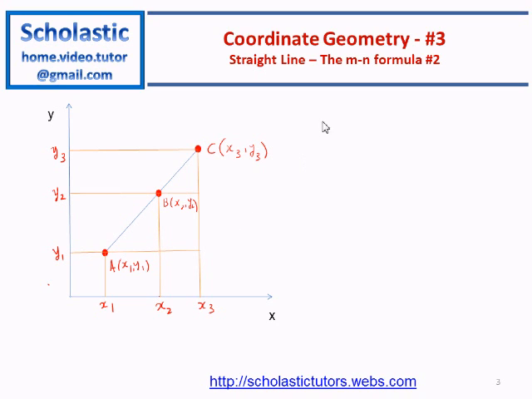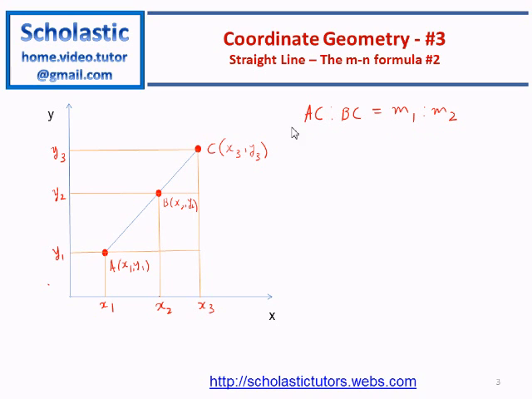And it's given that AC and BC ratio is equal to M1 and M2 ratio.